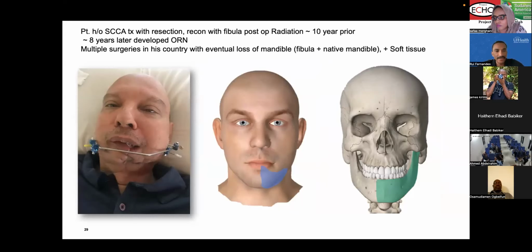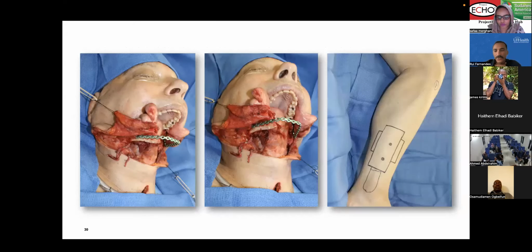He had lost all of the tissue on his left neck, had lost the bone. So now we had to take him back and readdress all of these things. So we recreated that defect, went to the contralateral neck in order to expose that, and then did the fibula.